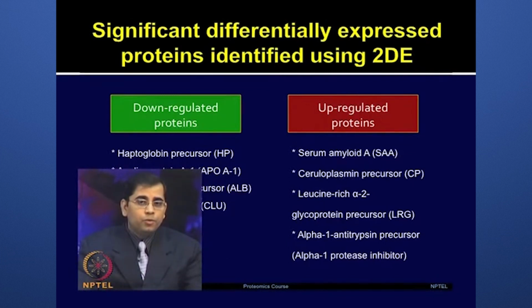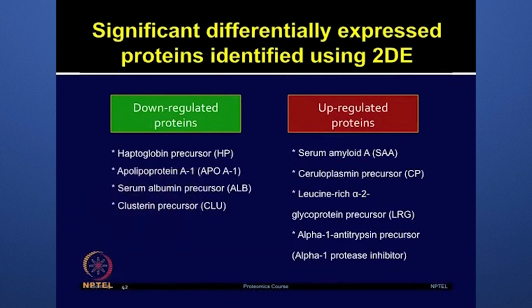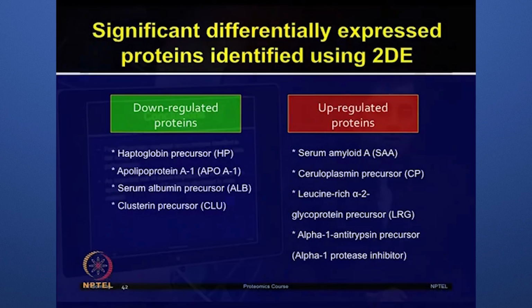These are some of the proteins listed here, such as haptoglobin, apolipoprotein A1, serum albumin precursor and clusterin. These were down regulated, and serum amyloid A, ceruloplasmin precursor, leucine rich alpha 2 glycoprotein precursor and alpha 1 antitrypsin precursor were upregulated, among many other proteins.